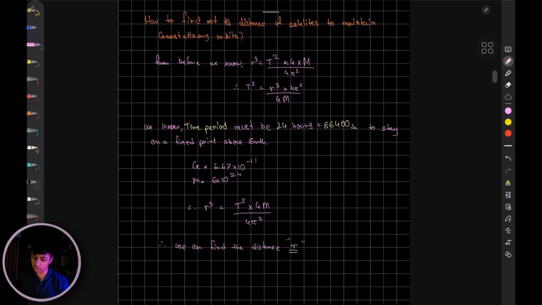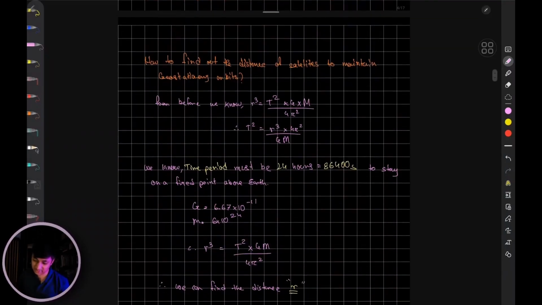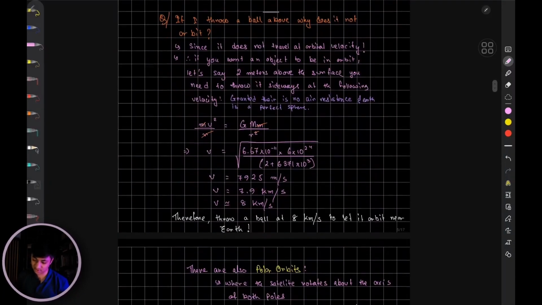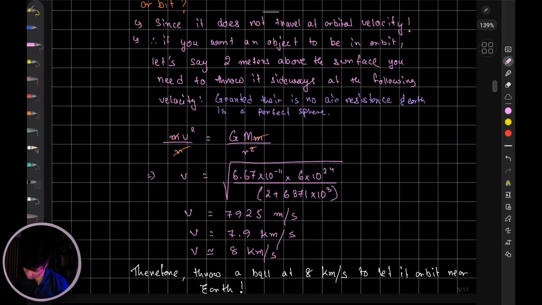So what I'm going to do now is, let's say the distance from the center of the Earth is going to be the radius of Earth, which is 6,371 times 10 to the power of 3 meters.